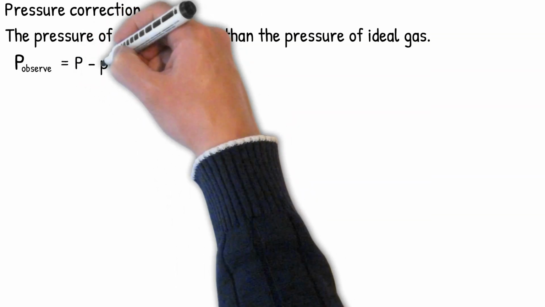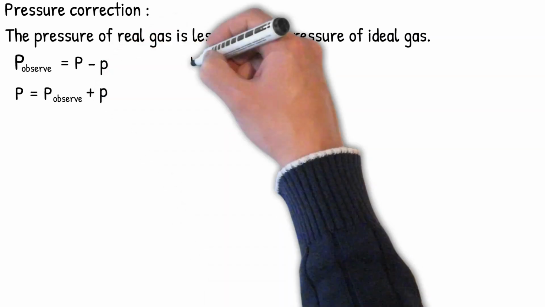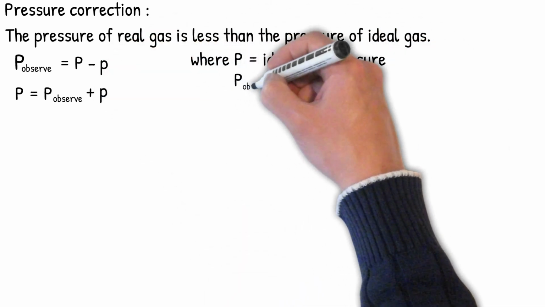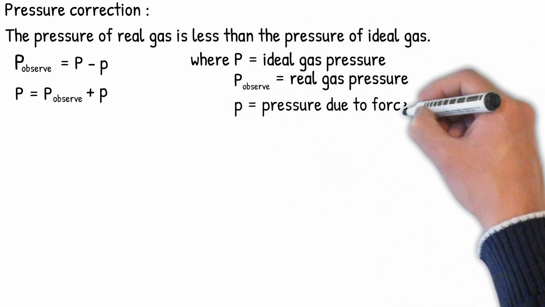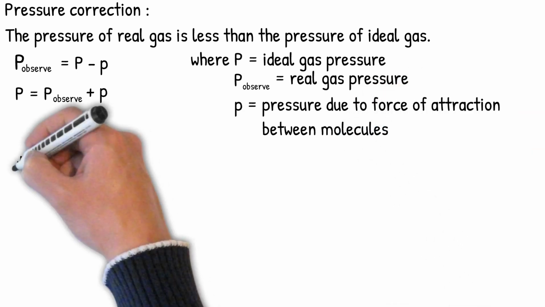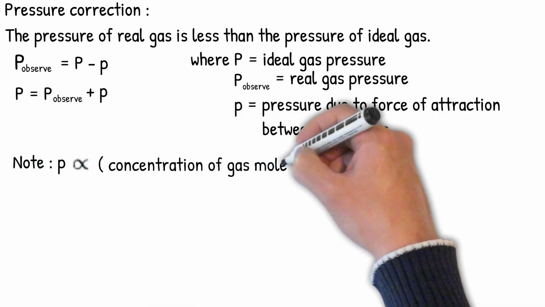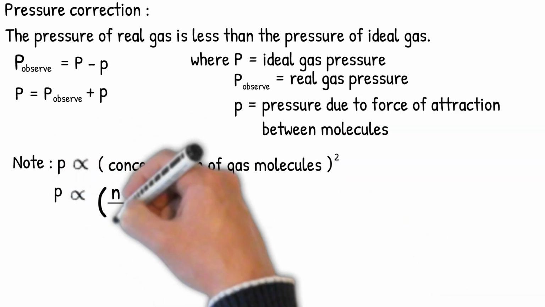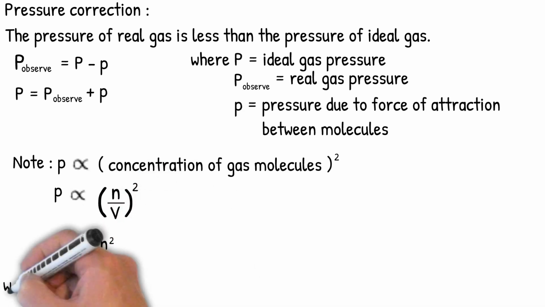Then capital P equals P observed plus p, where capital P equals ideal gas pressure, P observed equals real gas pressure, and small p equals pressure due to force of attraction between molecules. Note, small p is directly proportional to the square of the concentration of gas molecules, then p is proportional to n² over V², p equals an² divided by V², where a is the constant of proportionality.